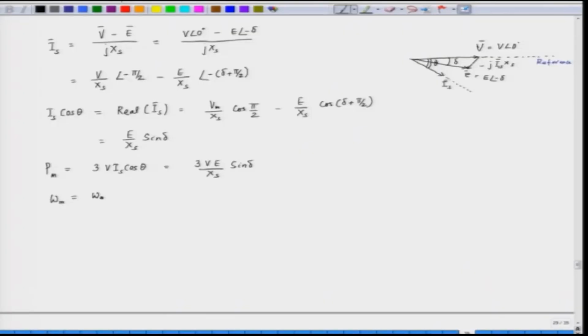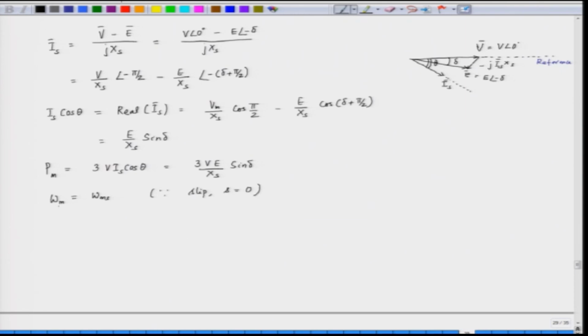Now, when we get the mechanical power, we can find the torque by dividing the mechanical power by the rotor speed. So, what is the rotor speed? The rotor speed is the same as the synchronous speed, there is no slip here. So, the rotor speed is equal to the synchronous speed omega_s, because the slip s is equal to 0 for a synchronous machine.